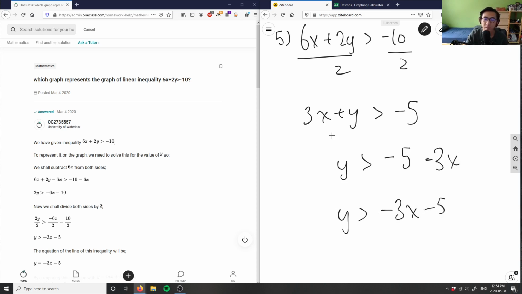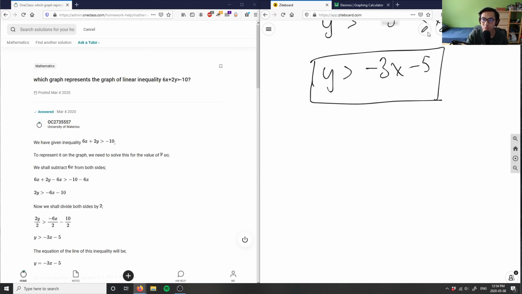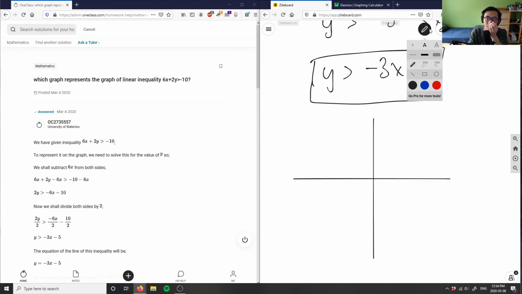And we can graph this very easily. What we can do is draw a line here. Let me sketch this graph for you quickly. This is our x and this here is y. Negative 5 is going to be our y-intercept, so I can say this would be negative 5. And then my slope here is negative 3, right?